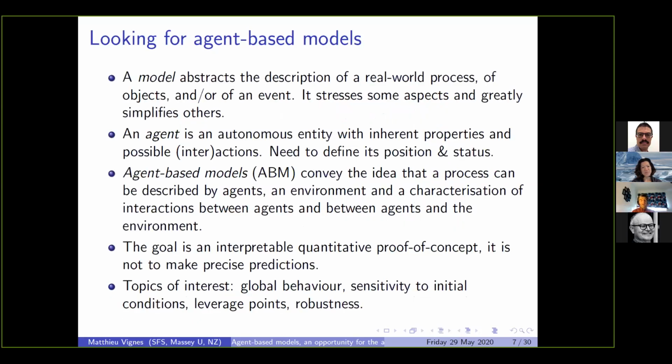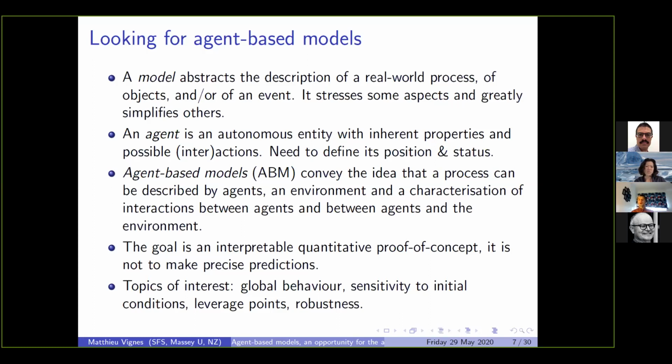So a few words on agent-based models first. The model is going to be useful if it's a description of a process, and that means that I want to describe the world in terms of the objects that are in this world and the events that occur. Obviously, the modeling exercise stresses some aspects of the real world and totally forgets the rest or simplifies many of the aspects.